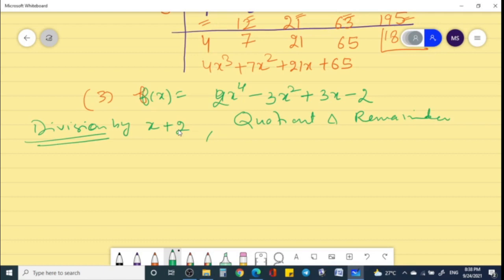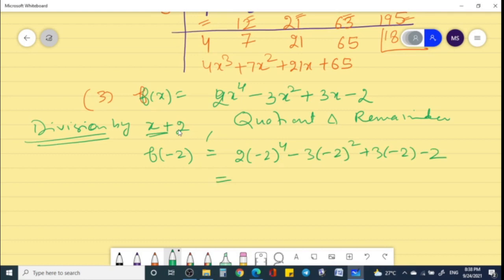The remainder we can find directly as f(minus 2) by substituting x equal to minus 2, because we are considering x plus 2, so the root of this is minus 2. So we substitute, and you will get 2 times minus 2 raised to power 4, minus 3 times minus 2 raised to power 2, plus 3 times minus 2, minus 2.